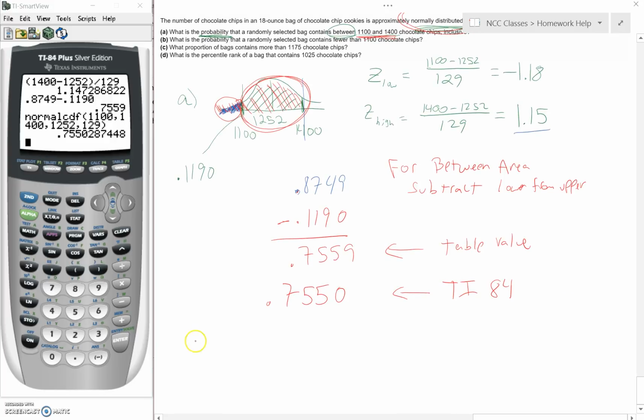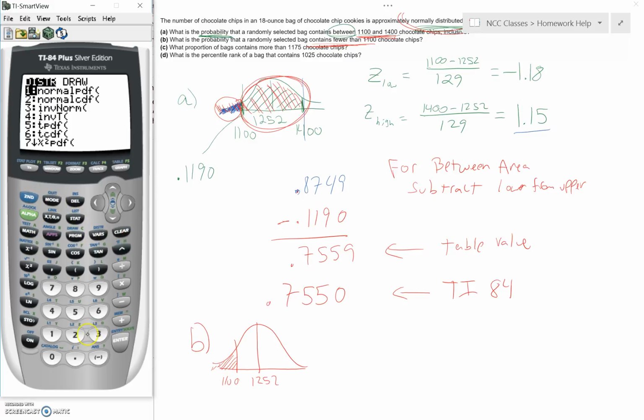Now if we want to do part B, I'm going to use a similar procedure. I'm not going to use the z-score anymore, but we can use the same procedure to find what contains fewer than 1,100. If we draw this picture, fewer than 1,100 would be less than 1,100, so we're going to shade to the left. So we can just use normalcdf. We're given a score, in this case 1,100.